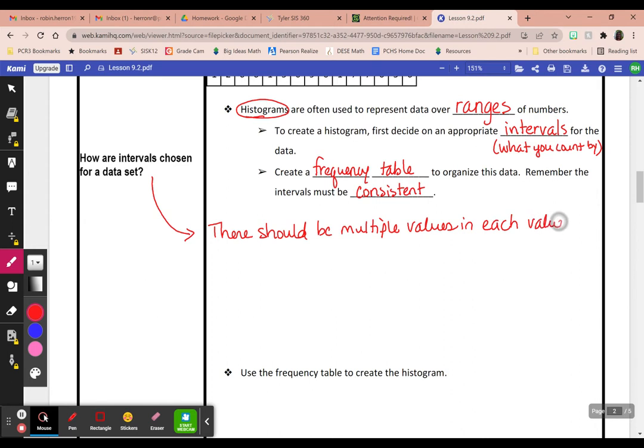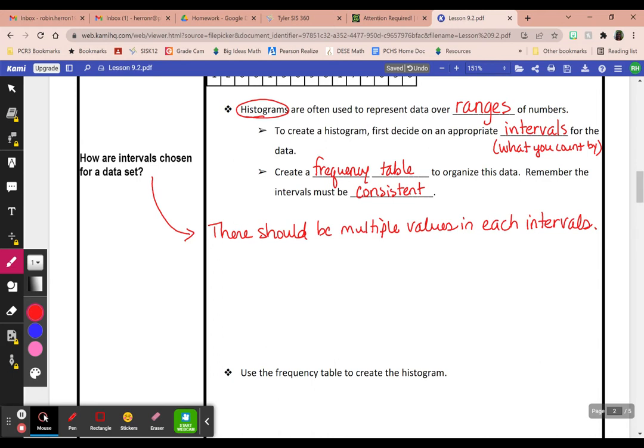You don't want to have them so broken up that you only have like one in each one, and you don't want to have them so close together that you can't really see where the breaks are. So they have to be kind of spread out in a way. All right.